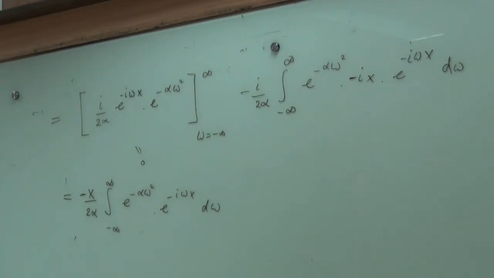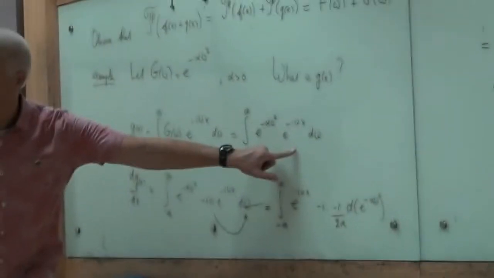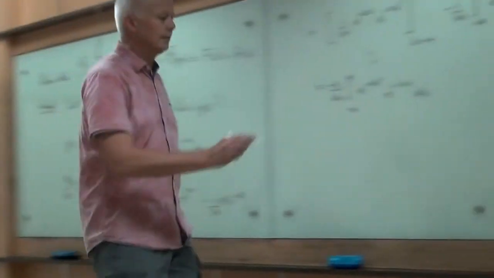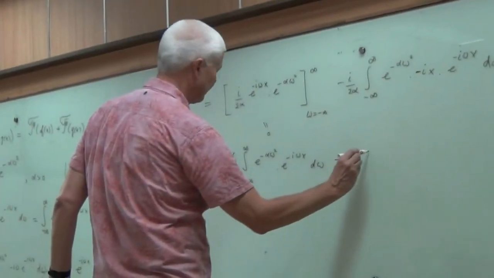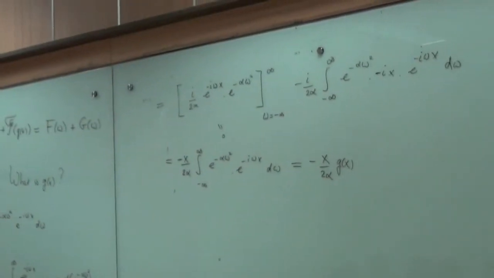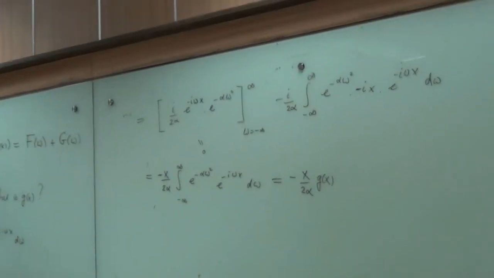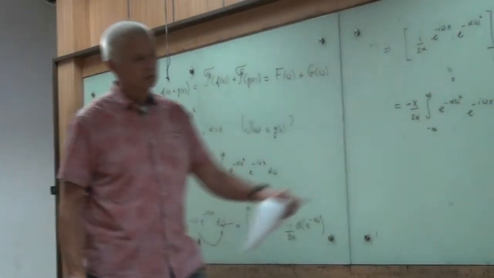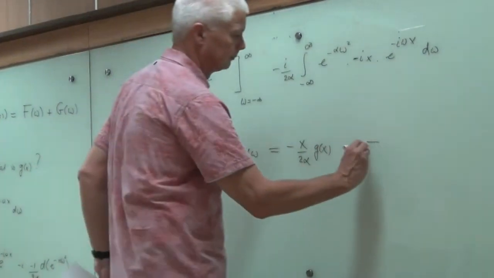And if you now look carefully, then that integral that I'm having over there is again g(x). g(x) is equal to this integral. So I'm left with minus x over 2 alpha g(x). So the first order derivative of g is equal to this.